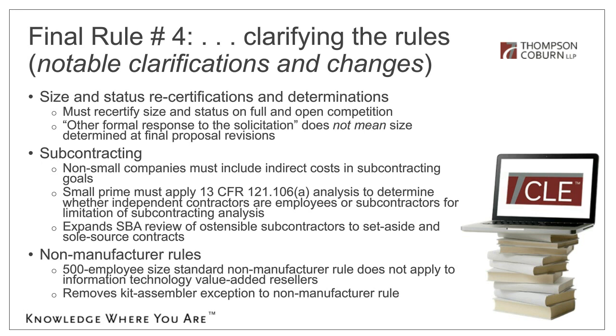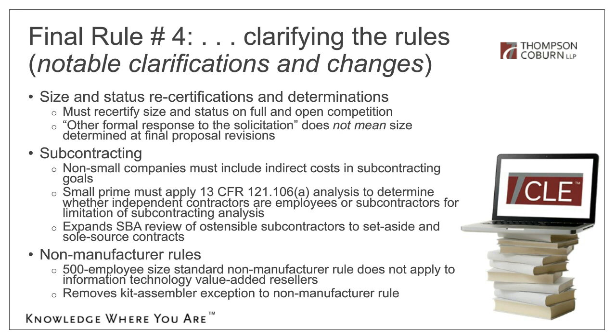The final thing that I'll talk about in this rule is the change to the non-manufacturer rules. SBA made a pretty straightforward change that said the 500 employee size standard non-manufacturer rule does not apply to IT value-added resellers. So if you are an IT value-added reseller who's been relying on that, you can't anymore.